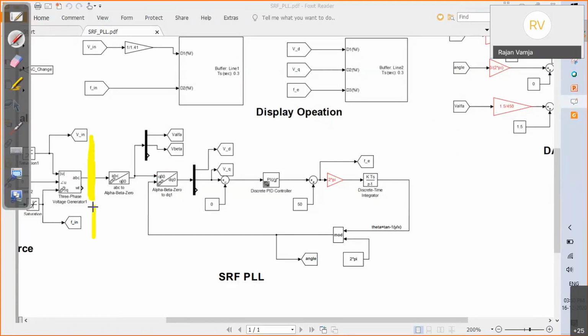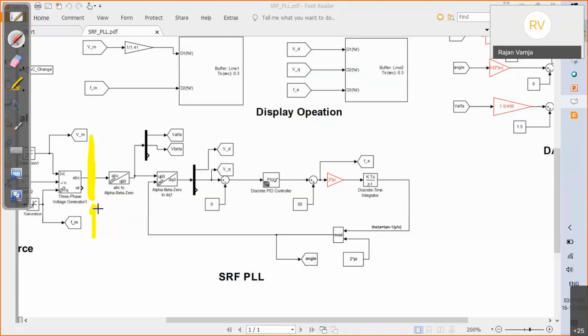We don't have a variable source which can give voltage variation. Instead of going for a variac, there again we cannot change the frequency. If we change the voltage using a variac, then frequency change is not quite possible.